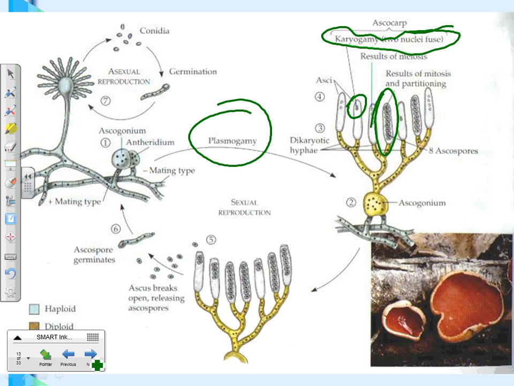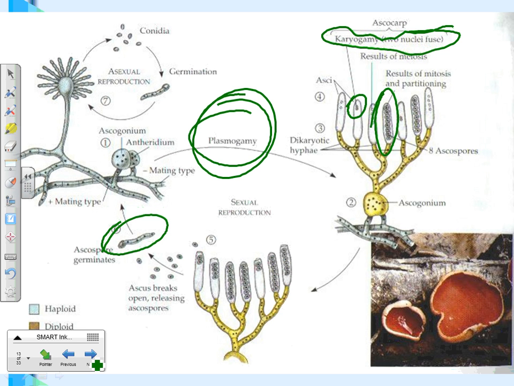So one more time, this diagram is really important to understand. We have hyphae, threads of cells. Hyphae from 2 different fungi will meet up, fuse together. Plus and minus, we usually call those 2 hyphae. That fusion of the cells is called plasmogamy.